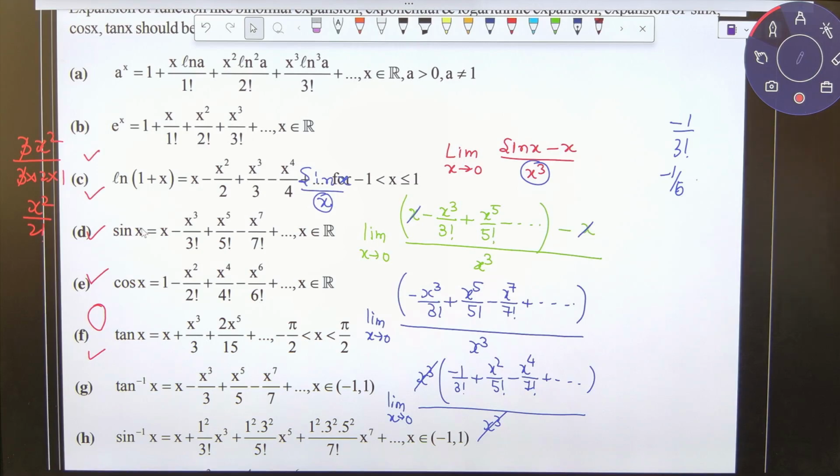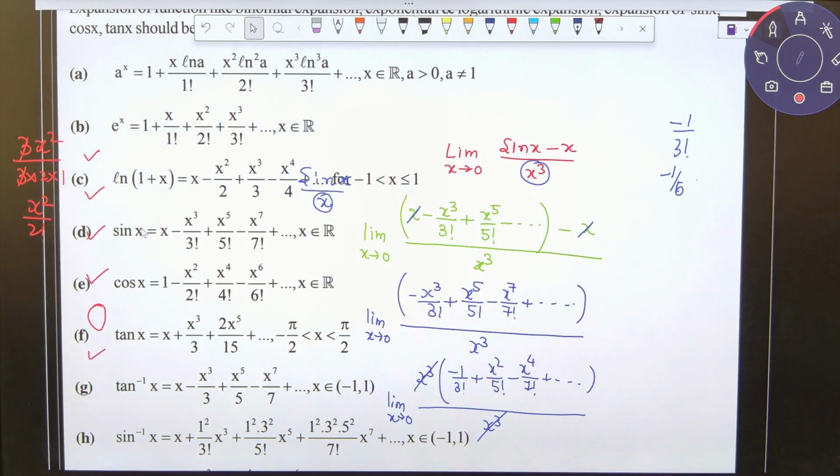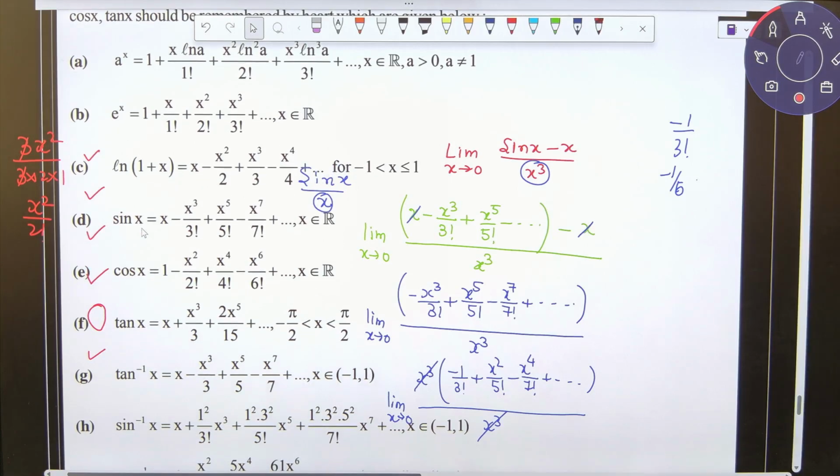Then that question. Minus pi by 2. What is pi by 2? Okay. Now we are moving to the next question.